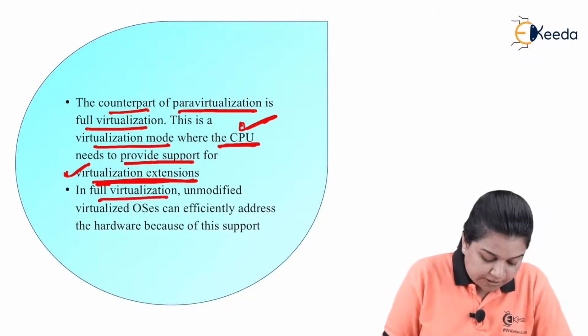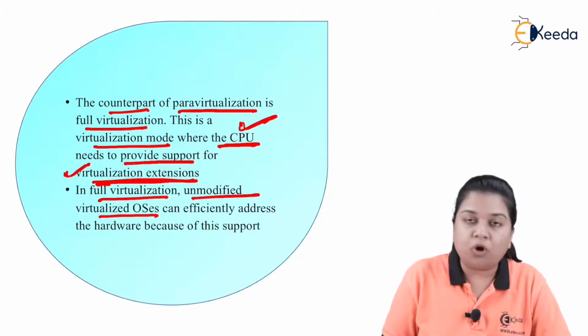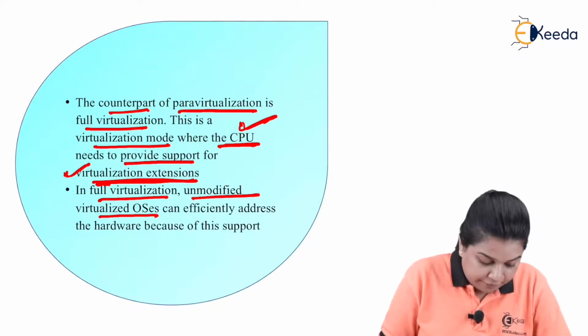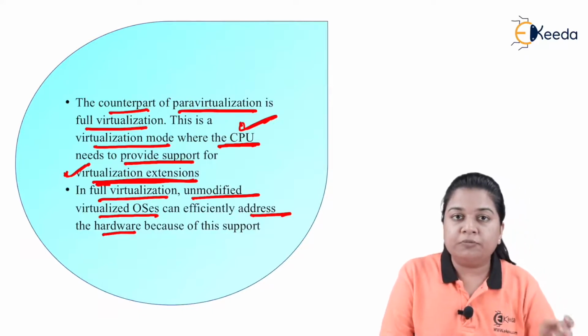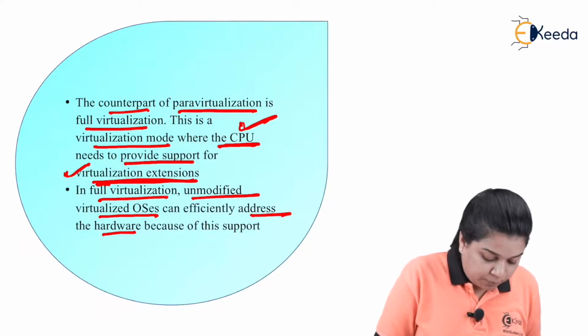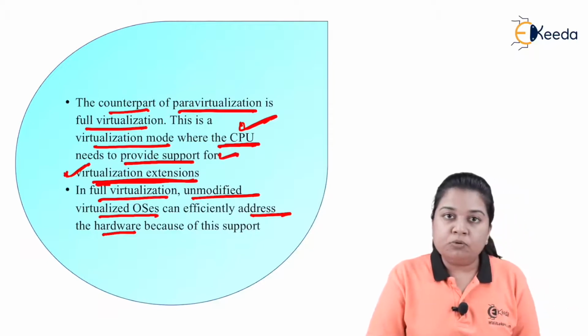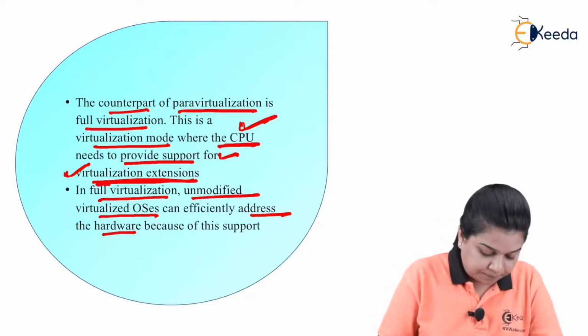In full virtualization, unmodified virtualized operating systems can efficiently address the hardware because of this support. Which support? That means the support provided by the CPU for virtualization extensions.